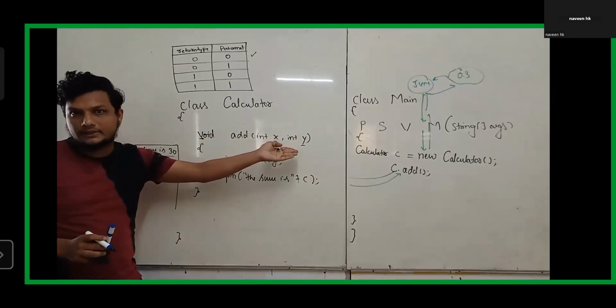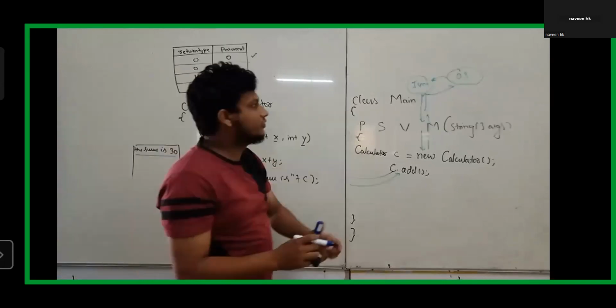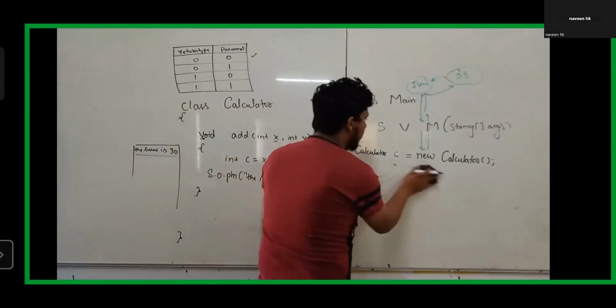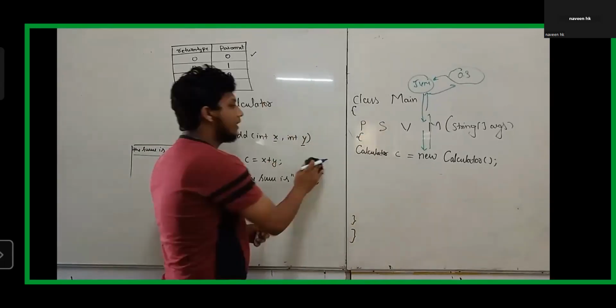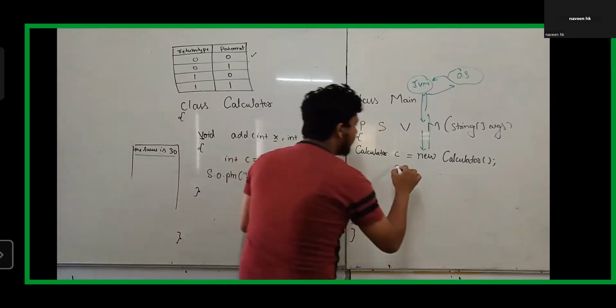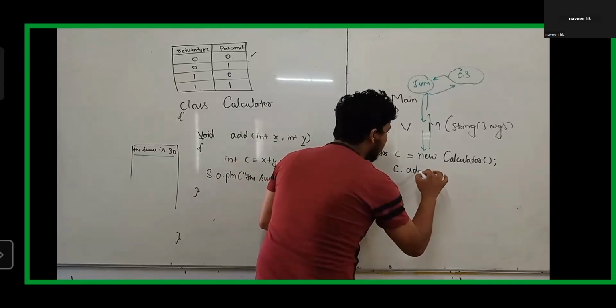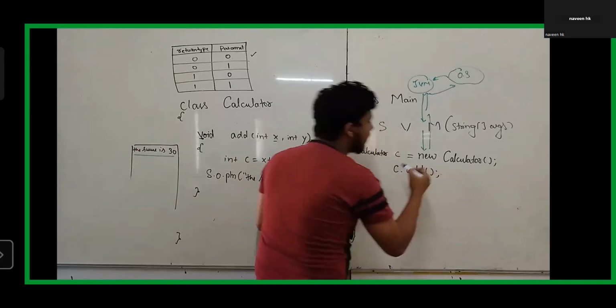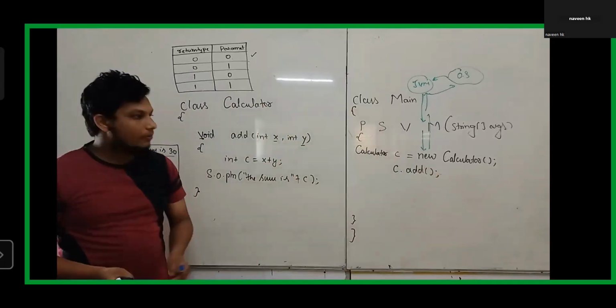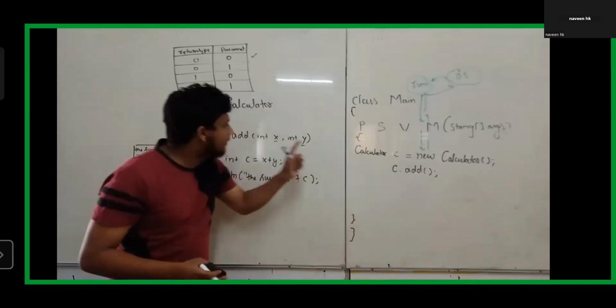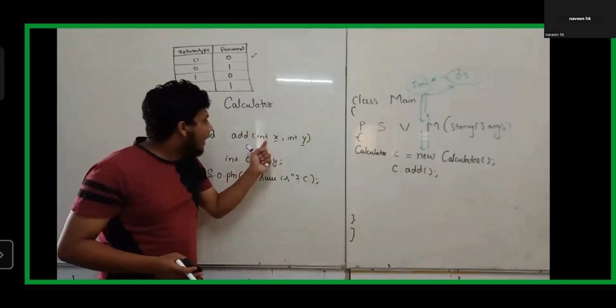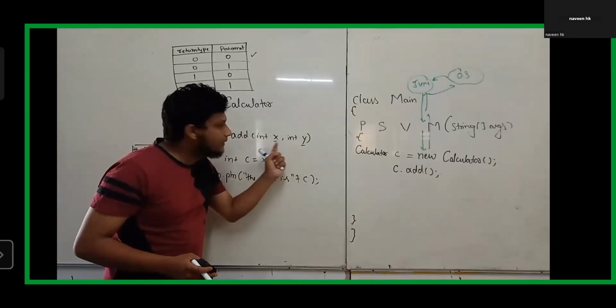Now we have successfully created one such method which has no return type but has some parameters. Now when we come to this one, as we definitely required an object, we have created an object. When I write c dot add, immediately an error will come saying you are calling the add method, but this add method is expecting some parameters.